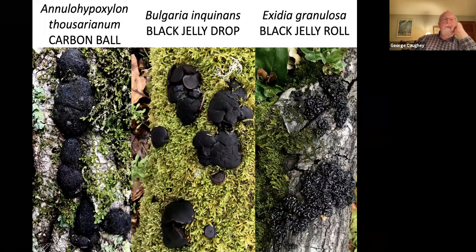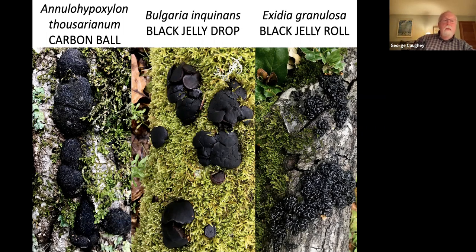And then these carbon balls, I'm sure you've seen them thousands of times because they're usually on our coast live oaks, sometimes on our tan oaks. They are like charcoal briquettes. They're just really hard.